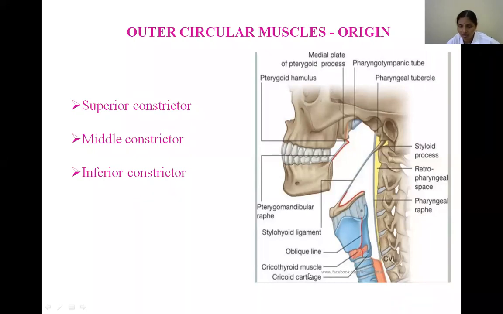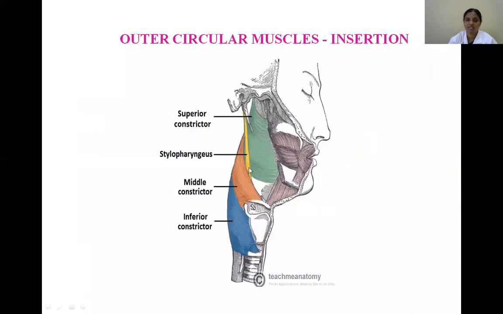Then the cricopharyngeus part takes origin from the cricoid cartilage, the anterior lamina of the cricoid cartilage. So this is about the origin of the three constrictor muscles. Anteriorly they are not complete, but posteriorly they are complete. How they insert, we'll see.